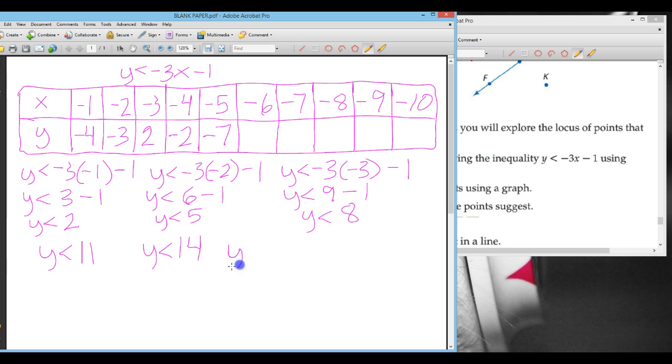Okay, so we want y is less than, so 3 more is 17, 3 more is 20, so let's do those two.